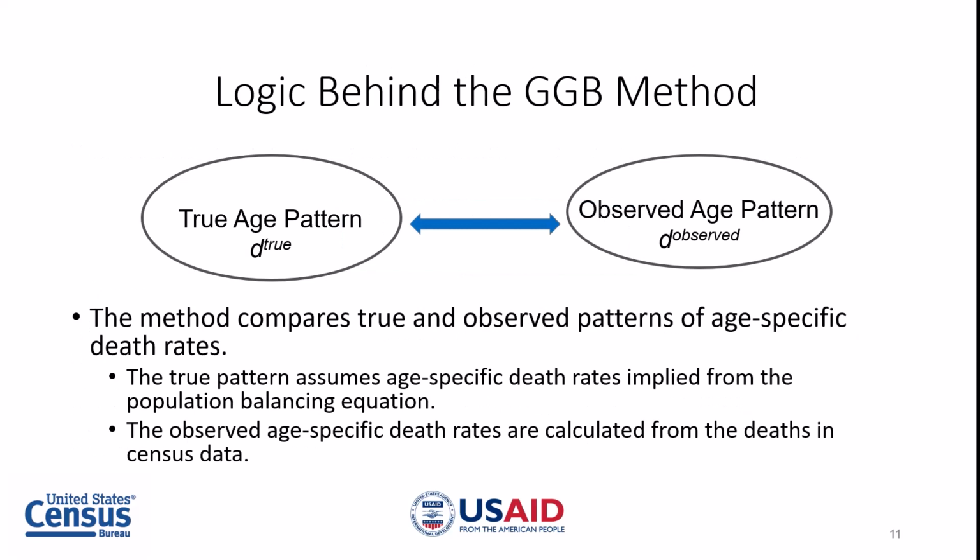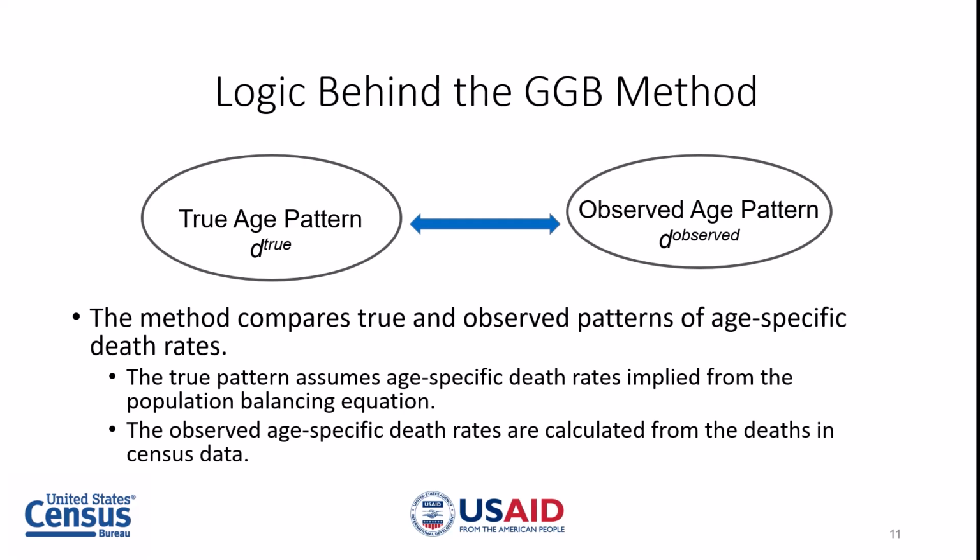The estimation of the adjustment factor is based on the difference between the true and observed patterns of age-specific death rates. The true pattern assumes age-specific death rates implied from the balancing equation, and the observed age-specific death rates are calculated from the deaths in the first census, the second census, or the average intercensal deaths.